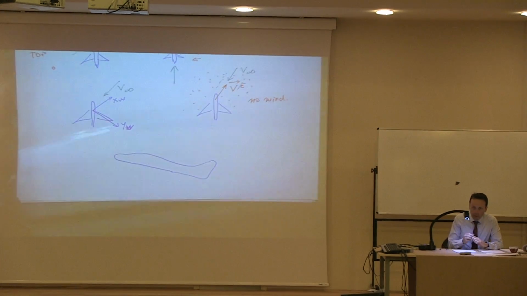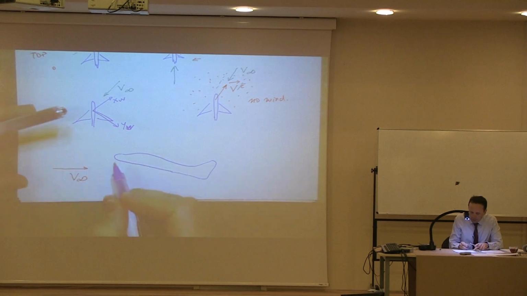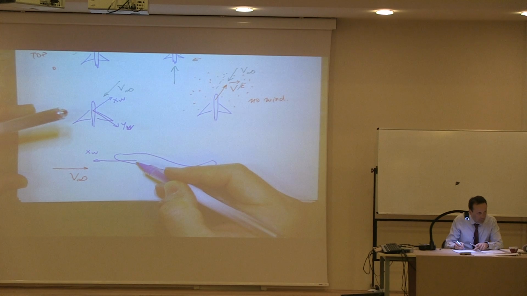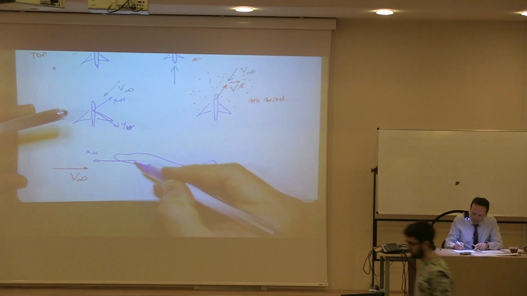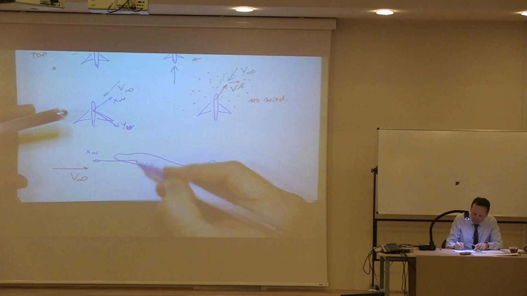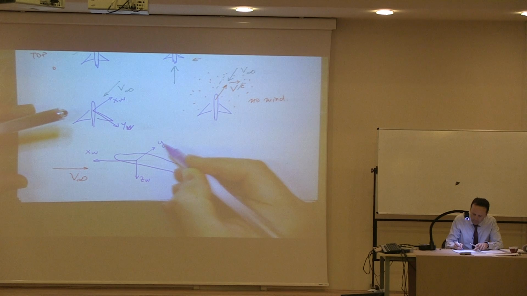So this is your airplane, and let's say this is V infinity, right? And xw is in this direction, zw is like that, and yw is like this.